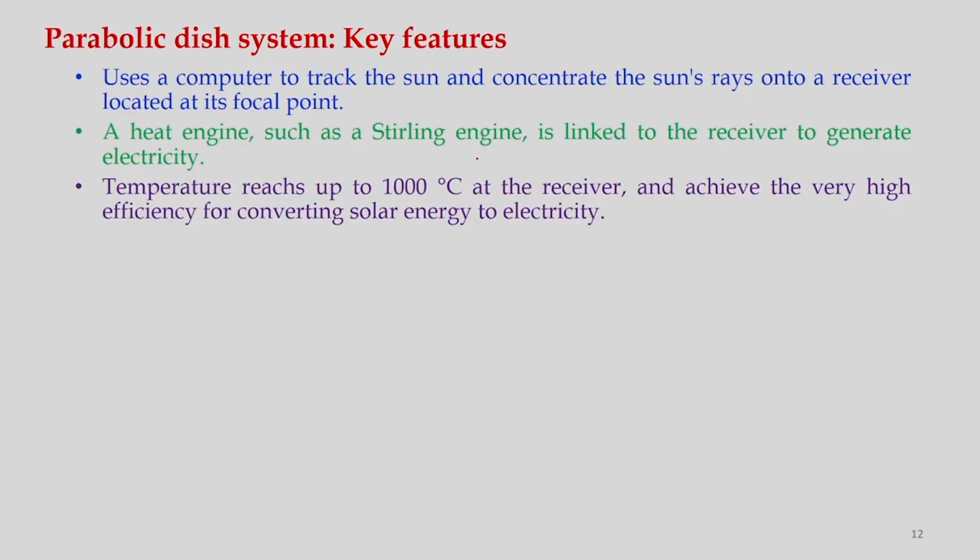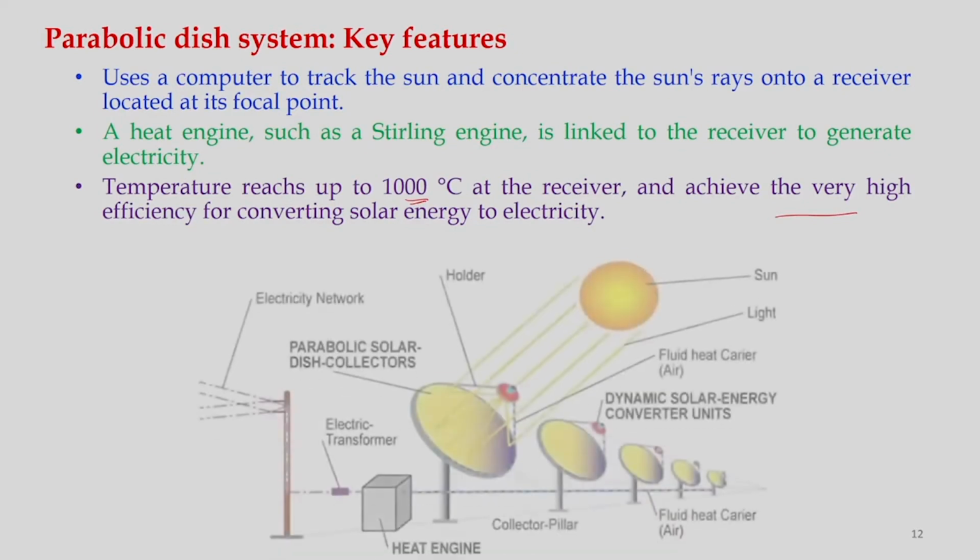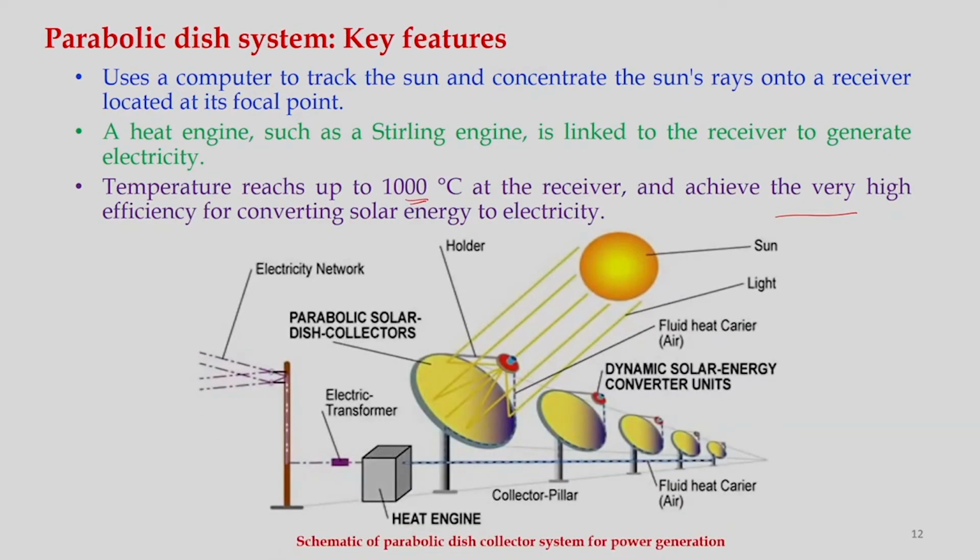As we have already discussed, a very high temperature can be attained by using this technology. It is reported that 1000 degree C can be achieved by using this technology. Okay, and that is why the efficiency is also very high. Efficiency means thermodynamic efficiency is very high compared to other technologies.